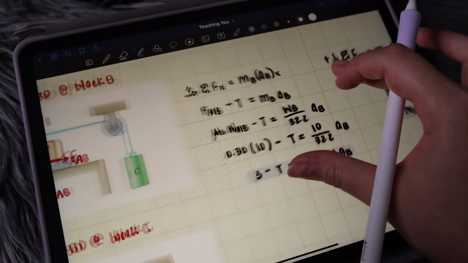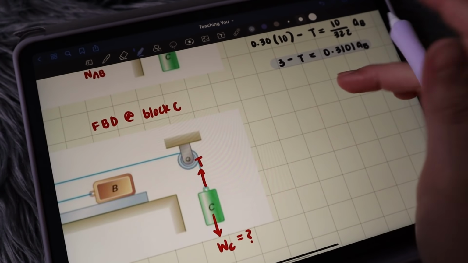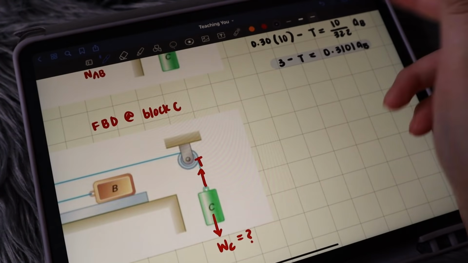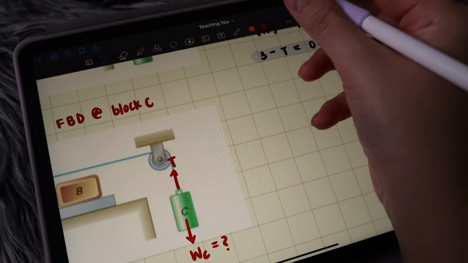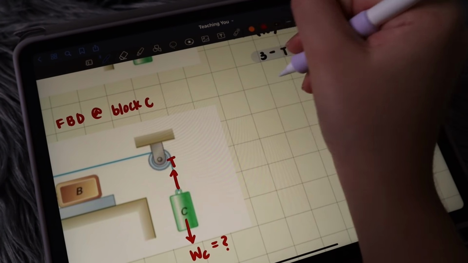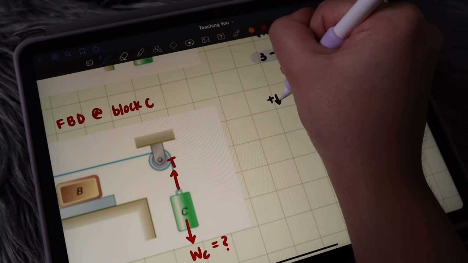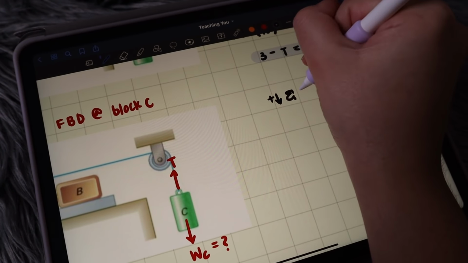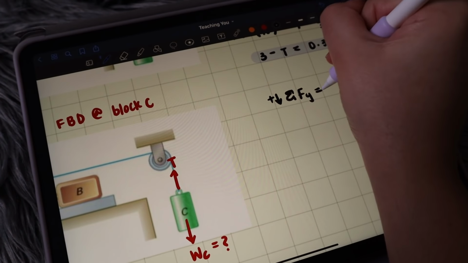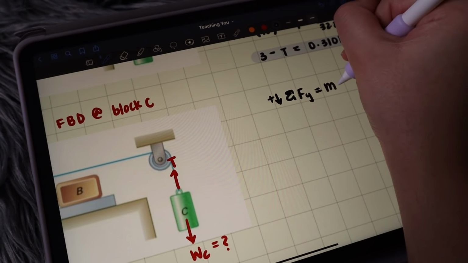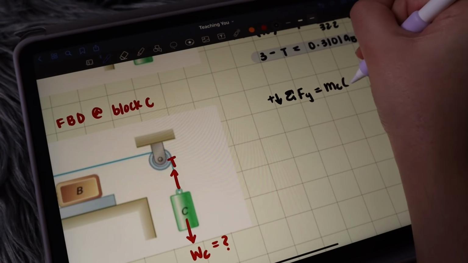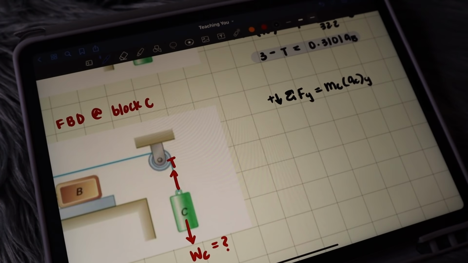Okay, now we do have to do the last free body for block C. Alright, so there's nothing going on in the x direction here, so we're just going to go ahead and skip to the y. Positive y is going down, and then that's going to equal MC AC in the y direction.